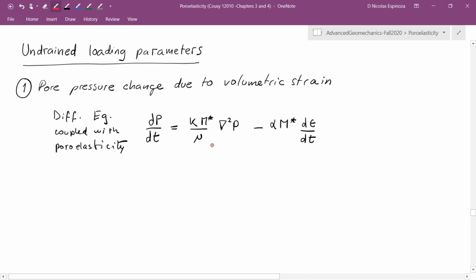recalling the diffusivity equation. And here in the diffusivity equation, if I assume undrained conditions in which nothing gets in or gets out from the solid, then I can get rid of this term, and also I can get rid of the time. Basically, I'm not considering that things are changing here with time.